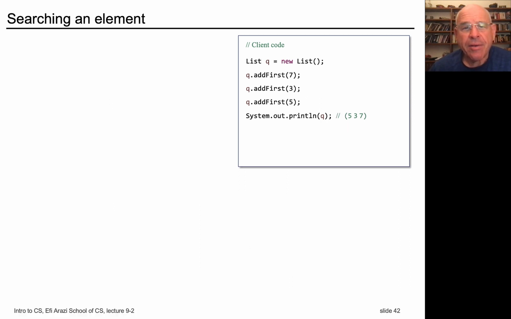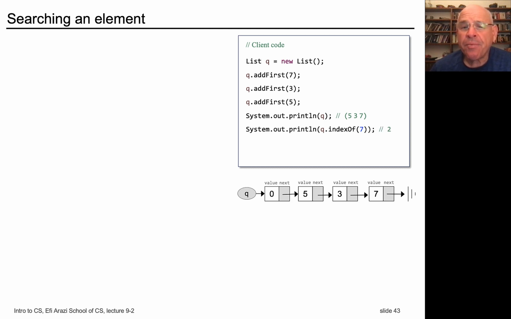All right, moving along, let's talk about searching for an element in a given list. So here's the same list that we had before: 5, 3, and 7. Suppose we say q.indexOf(7).